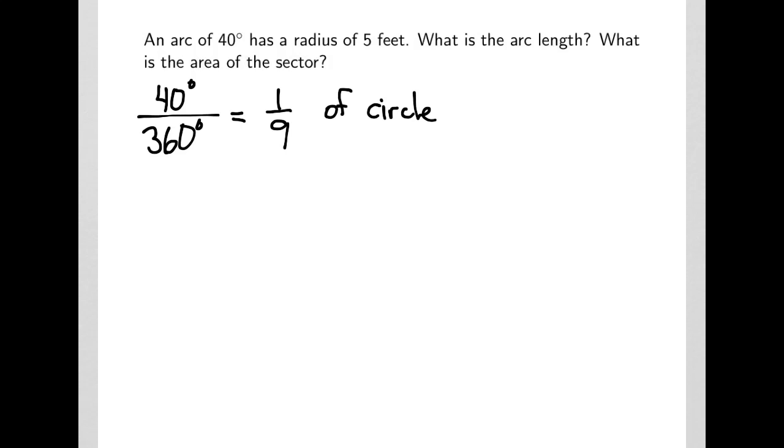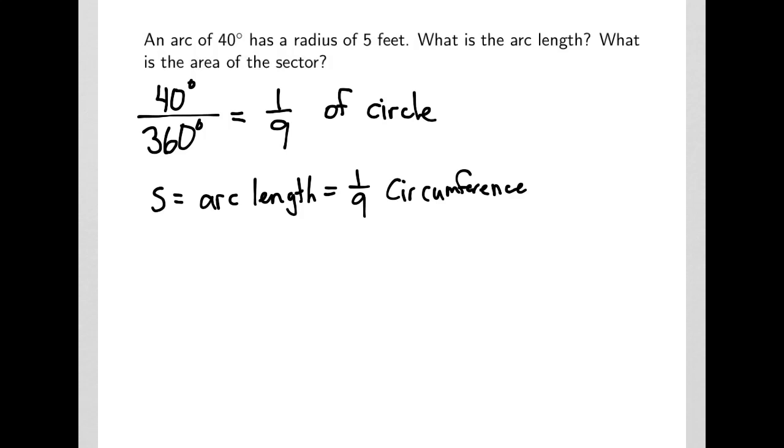So when I want to calculate the arc length, my S equals my arc length. This should be 1/9 of the circumference. I can use my circumference formula, 2 pi r, so 1/9 of 2 pi times r, which was 5 feet.